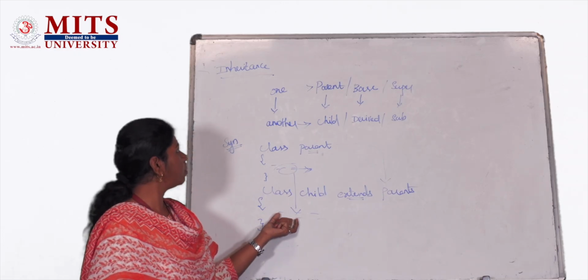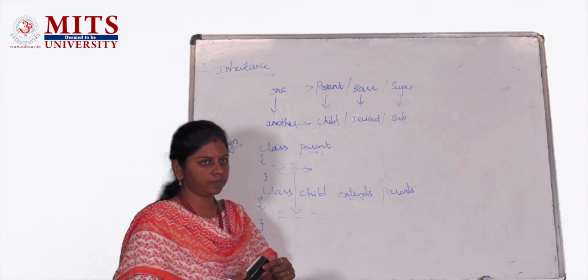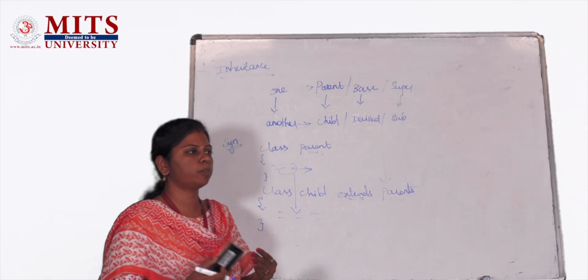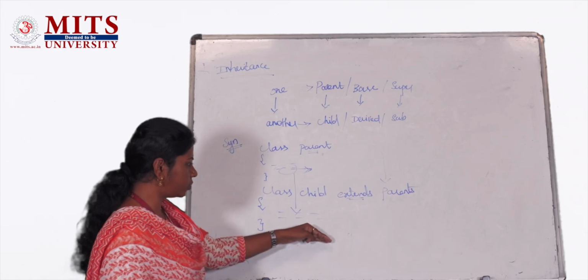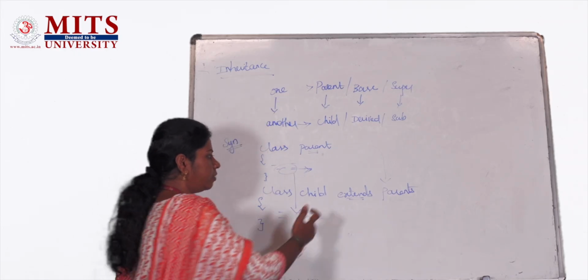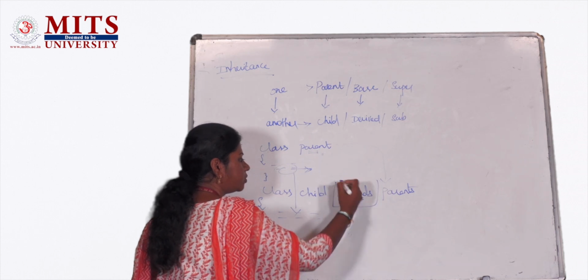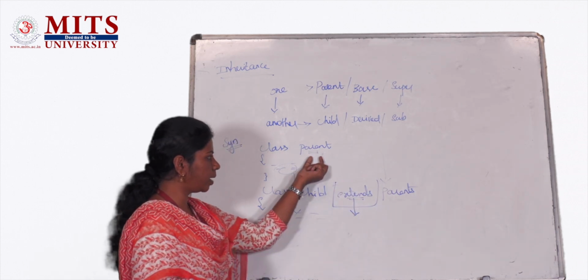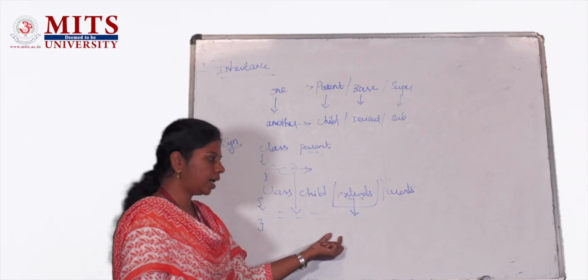This is about our inheritance concept. The process of getting, collecting, or acquiring properties from a parent class to a child class uses the extends keyword, which is used to acquire properties from one class to another class, right?